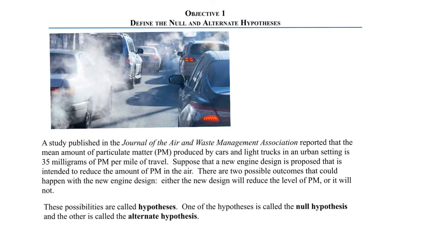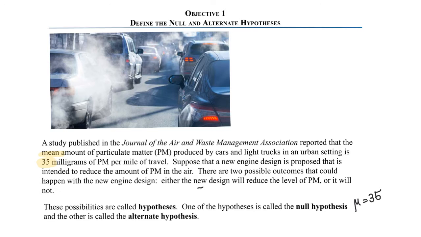One of the hypotheses is called the null hypothesis and the other is called the alternate hypothesis. Here the mean is 35. The null hypothesis says that the new design will not reduce the level. So the mean for the new engine will be mu equals 35. So that will be the null hypothesis.